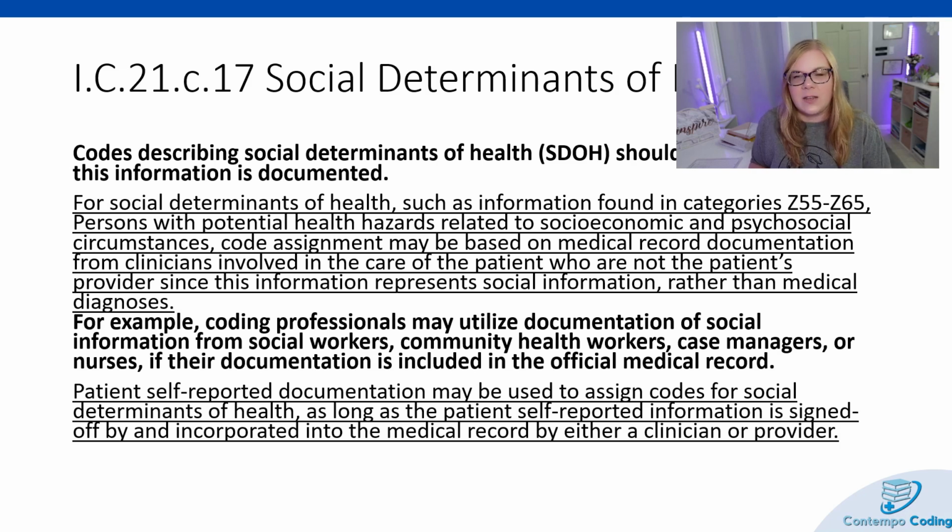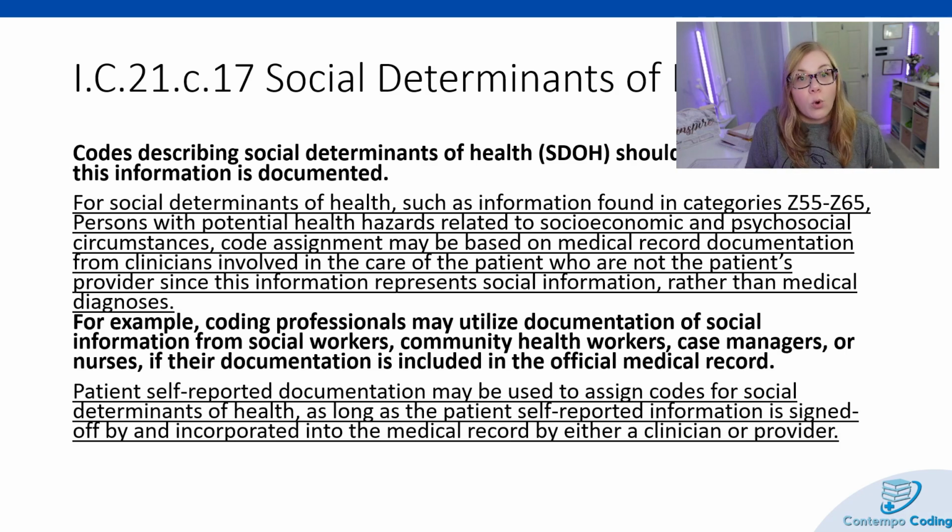That is a social factor. So that can be documented and coded and abstracted and used when it's documented by someone who's not that patient's official provider. So for example, coding professionals may utilize documentation of social determinants of health from social workers, community health workers, case managers, or nurses if that documentation has been placed into the medical record.